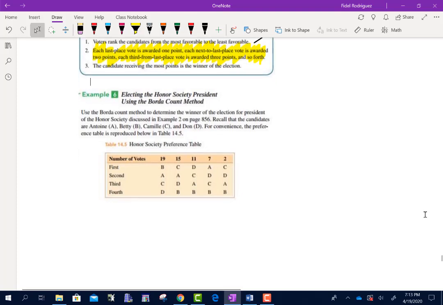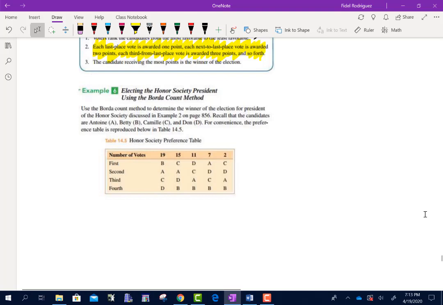So the way I'm going to do this is I'm going to put all my people in order here. Let's look at Anton, Betty, Camille, and Don. Oops, let me get my pen working again. It keeps freezing up on me.